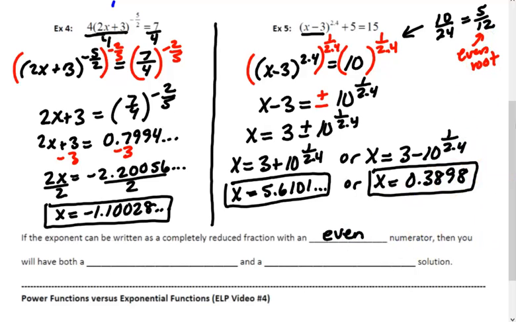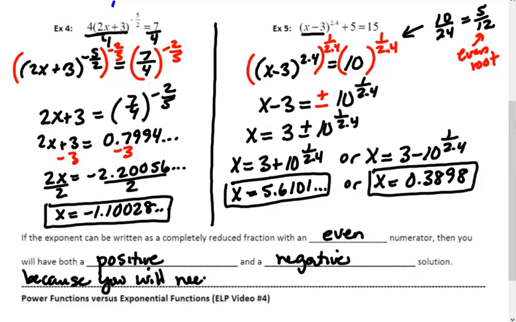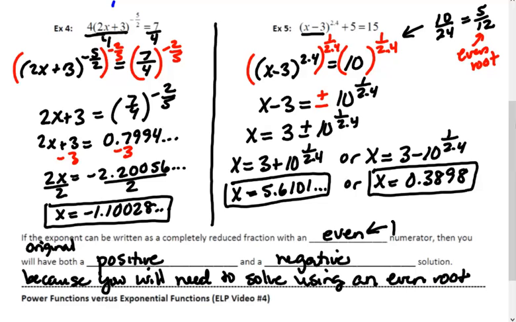Then you will have both a positive and a negative solution, because you will need to solve using an even root. Okay, so if the exponent, this is the original exponent, can be written as a completely reduced fraction with an even numerator, this is the power.